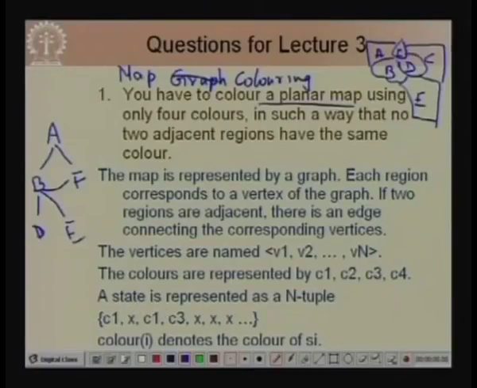A state will be represented by an n-tuple. For every region we will have one entry in the state representation. If a region is colored by a particular color, we will use that color as the attribute for that region. If a particular region is not colored at a particular time, we will represent that region by X.